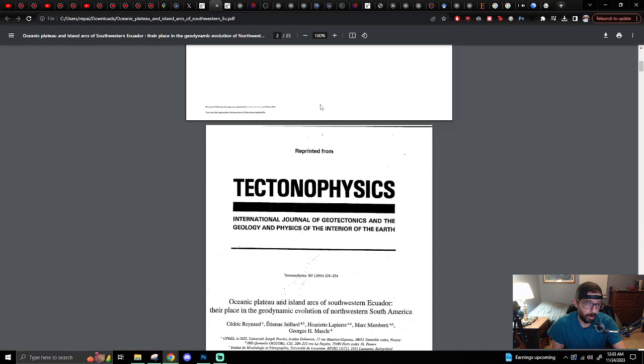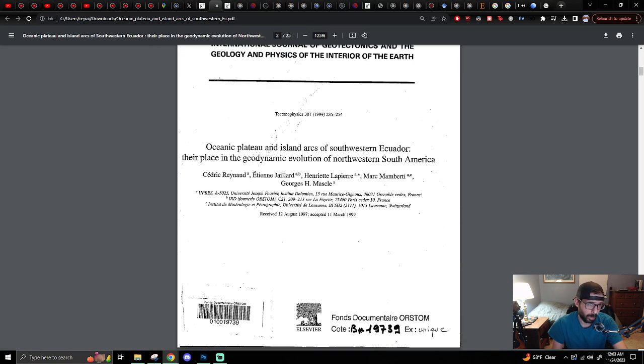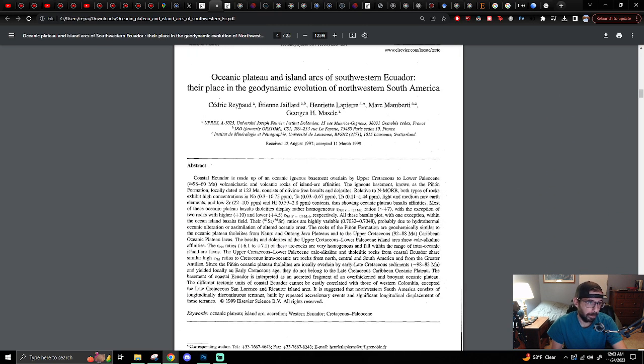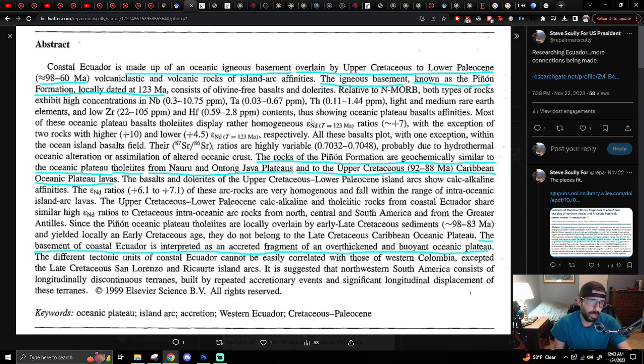So from this paper, oceanic plateau and island arcs of southwestern Ecuador, and they are placed in the geodynamic evolution of northwestern South America. And then I just copied the abstract there. Oops. So then I kept reading.